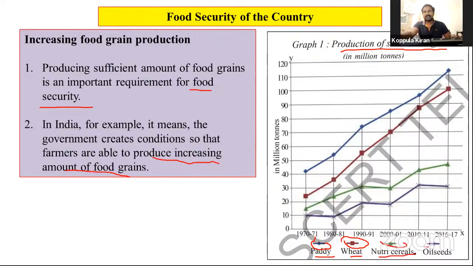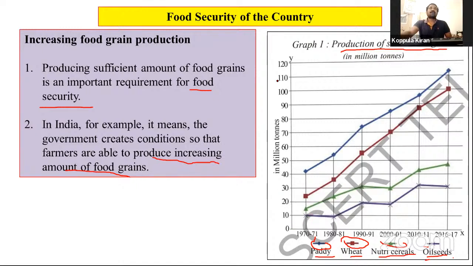Okay, nutri-cereals, oilseeds. These are the four food grains from every decade. We can mention in our graph 1970-71, and finally 2016 to 2017.